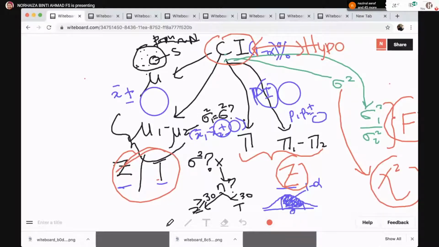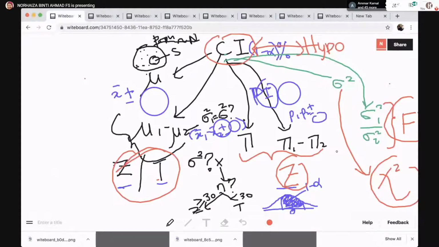Now, that is for confidence interval. So you use these distributions to construct your confidence interval. In order for you to get your margin of error from Z and T, you get this from the sampling distribution, right? Similar to that, in hypothesis test you will use the same principle.